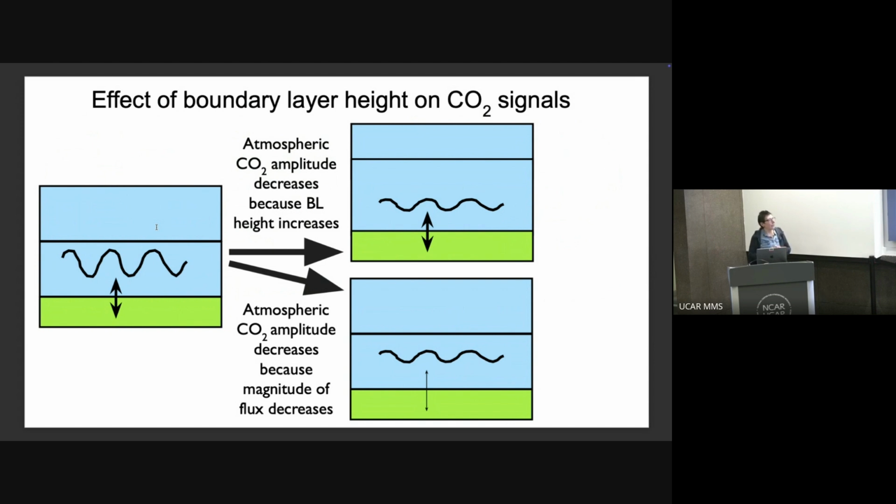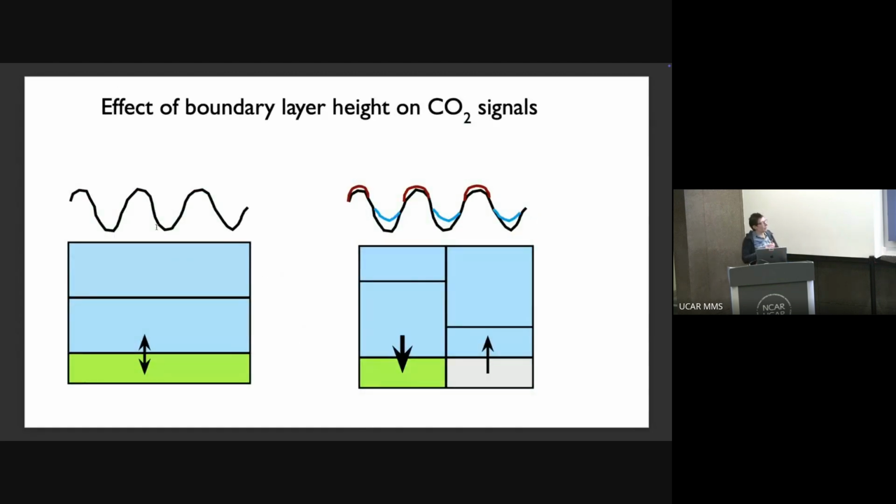That can arise either, in the top, if the depth of vertical mixing is deeper, then whatever flux signal is being imparted into the atmosphere will seem to have a diminished amplitude. Or in the bottom, you could just have less strong fluxes and the same depth of vertical mixing. But what actually happens in the real world is even more nefarious, which is that there's this seasonal rectification of how CO2 is emitted and taken up over vegetated surfaces and the strength of the vertical mixing.